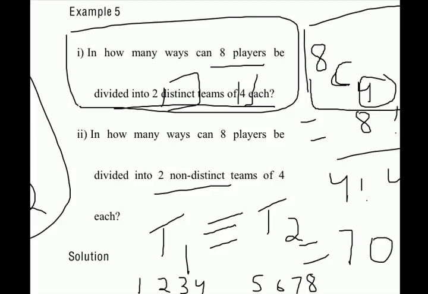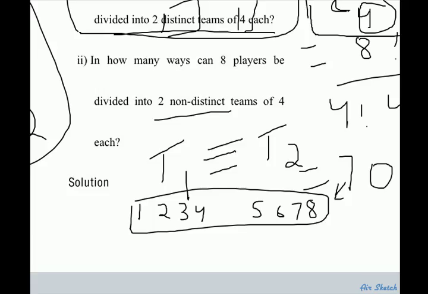This is one combination out of the 70 that we got. If we just reverse this, so this becomes players 5, 6, 7, 8 here, and 1, 2, 3, 4 here, this is another combination from the 70.